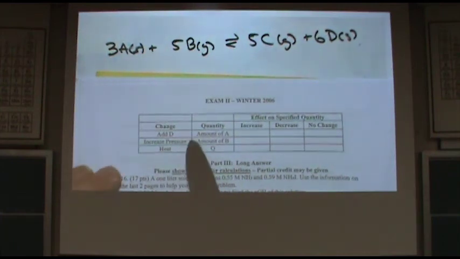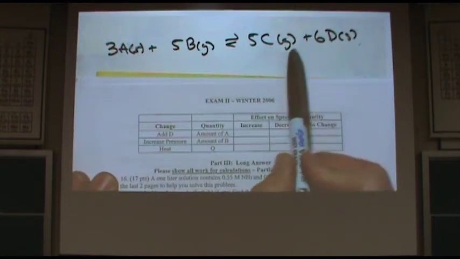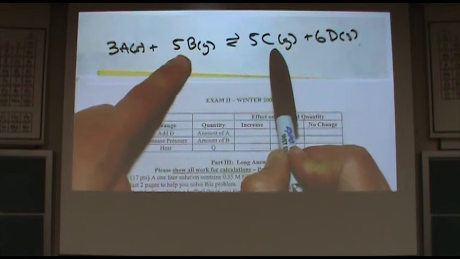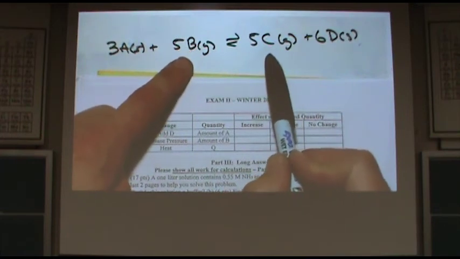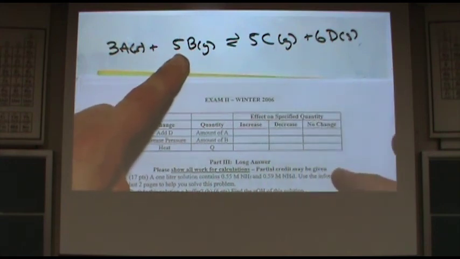Okay, which one do you want to do, or several? The last two. Increase the pressure, same as decrease the volume. Look at the gases. 5 and 5, no change. No change as far as shift goes. So B should be no change.